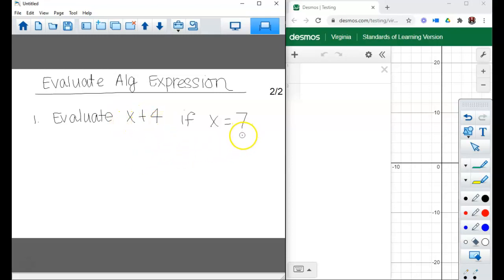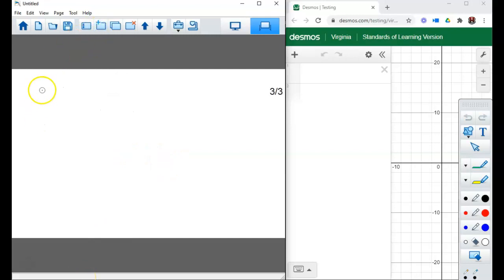All I'm going to have to do is take this 7 and plug it in where that x is. So this would then become 7 plus 4, which is 11. So nothing special I need to do there. If it's x plus 4, that means take whatever x is and add 4. So I'm going to take 7 and add 4 and get 11. So nice and easy there.